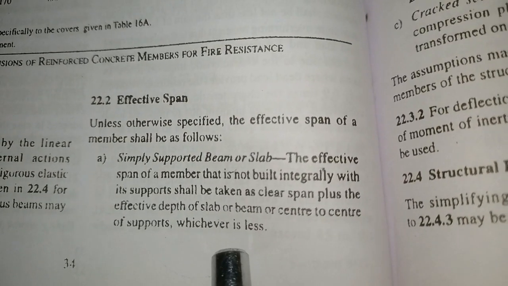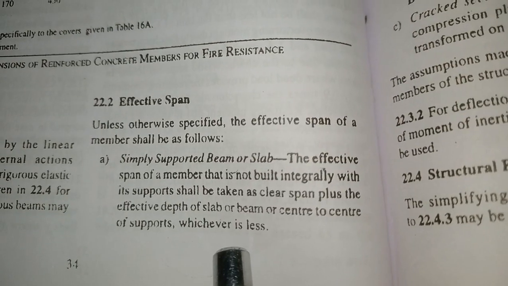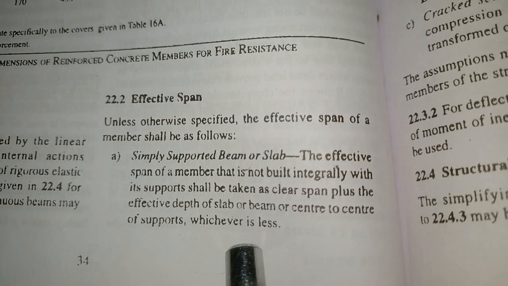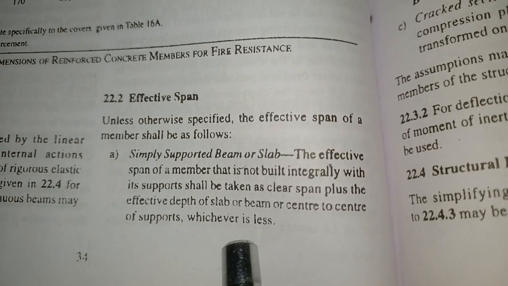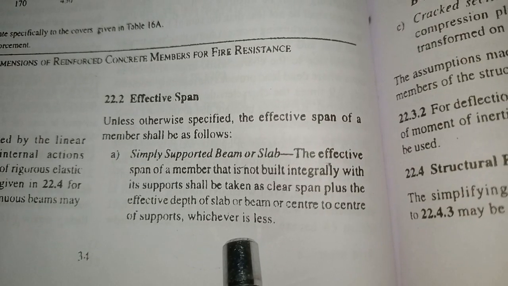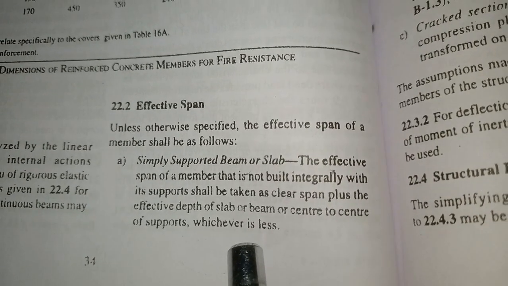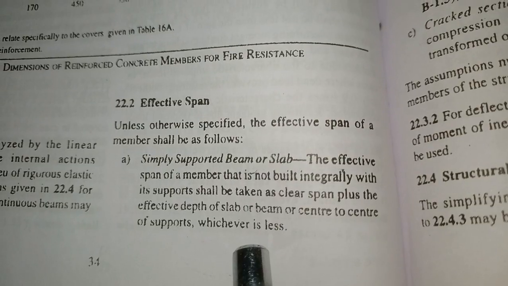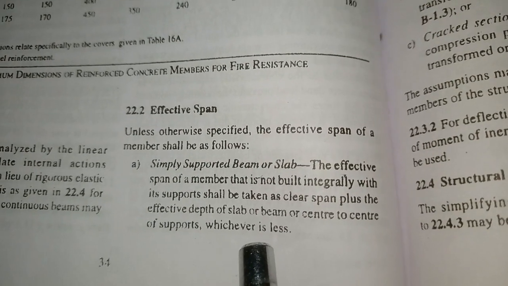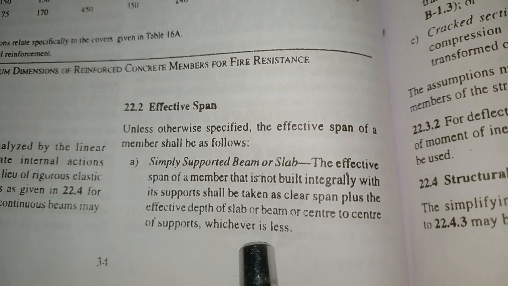To calculate the effective span, we should take the clear span plus effective depth. It's one criteria. And the second criteria is clear span plus support width. In my problem I got the support width, so I am taking the second criteria as clear span plus support width.